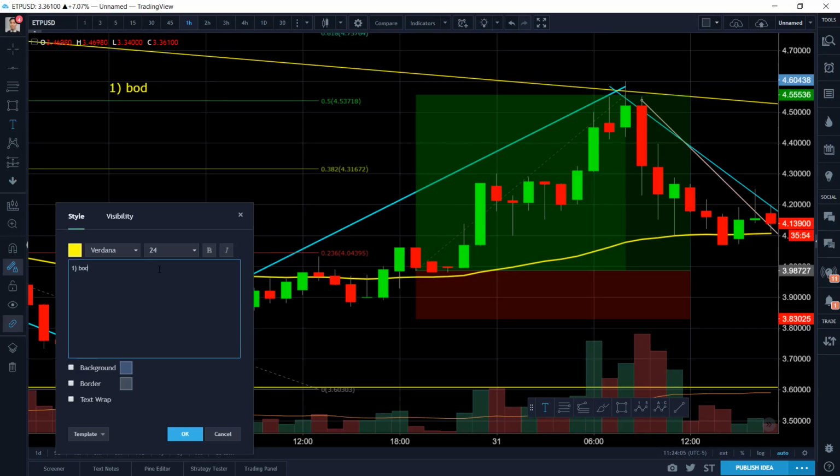Rule number one, for this particular circumstance, body must close above, okay? Just the body must close above, okay? That's basically one condition. Do you guys see what I mean? The body is closing just above it, just the body, okay?